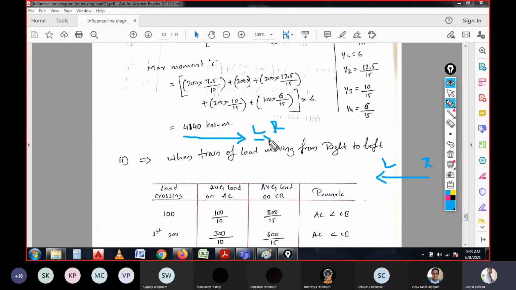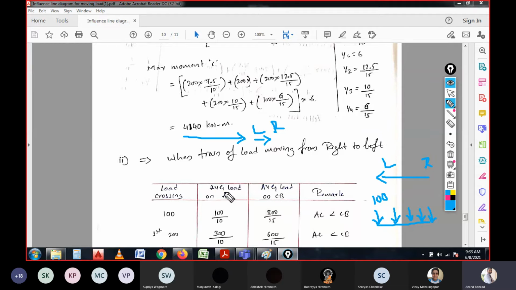From the left it was moving to the right, here from the right it is moving to the left, and the direction is changed. But the series of loads is such that the 100 kilonewton load will be leading in either direction. That is what is given in the question.